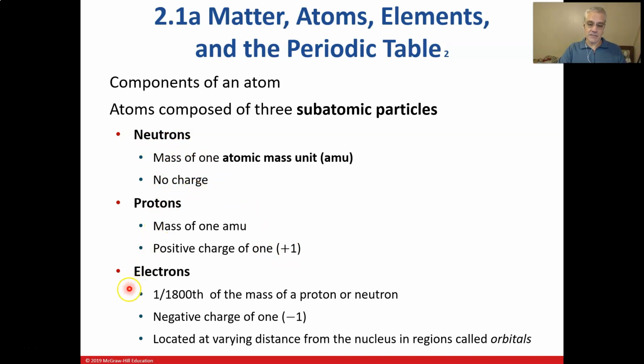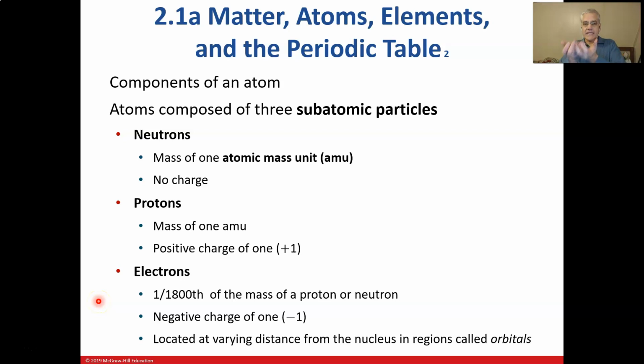Now electrons are very tiny, very small, and we essentially consider them to have no weight. That is not technically true. If you're taking a physics class, you're going to see, yes, they do weigh something. They just don't weigh very much. So 1/1800th the mass of a proton or neutron.